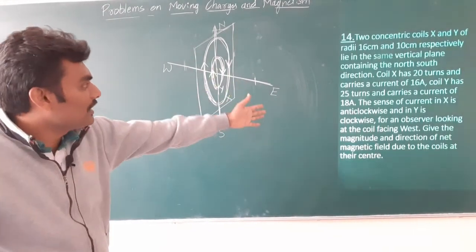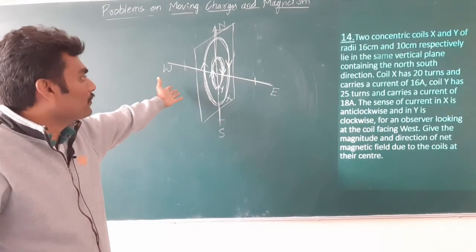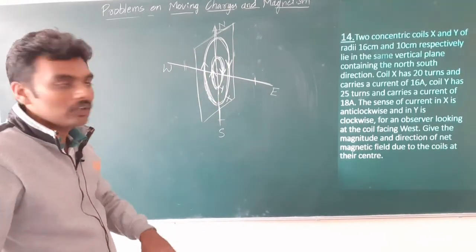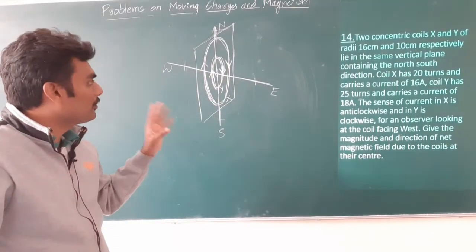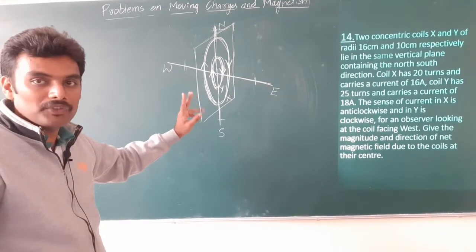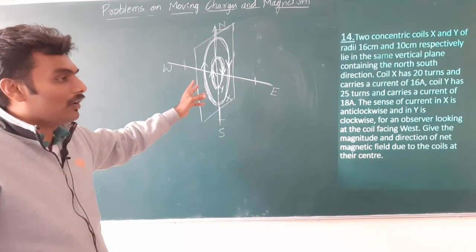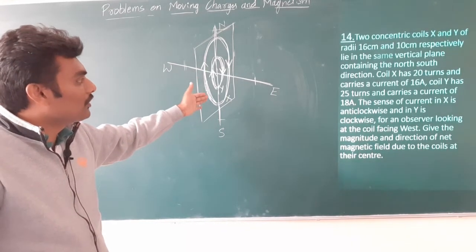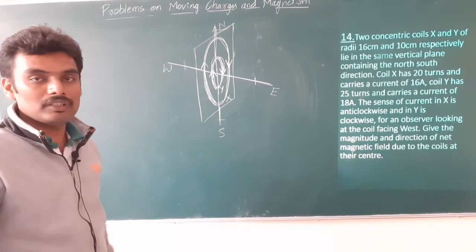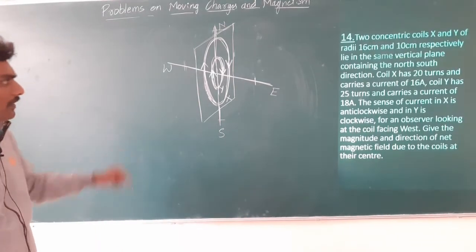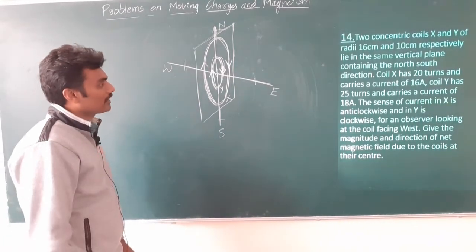If you observe it from east, the other will have the clockwise, one will have the anti-clockwise. That's how it is. Okay, so the basic thing is the fields are opposite. The current directions are opposite, which will produce opposite magnetic fields. Yeah, we'll get to know how they produce opposite magnetic fields.